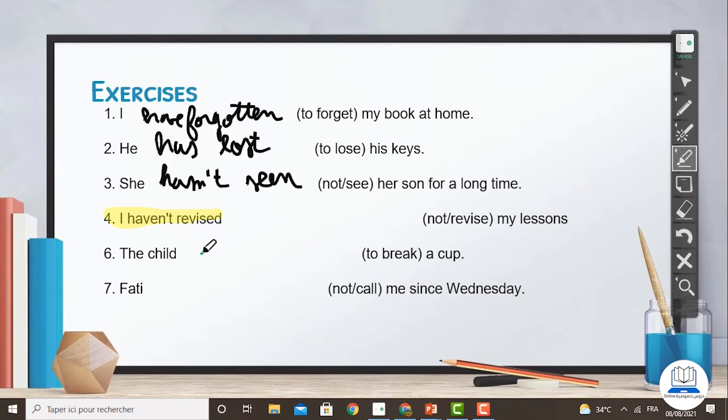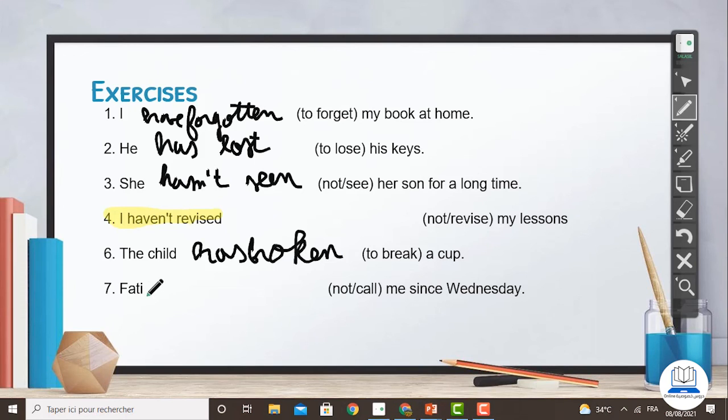The child, he, so has. The verb to break, and the past participle of the verb to break is broken. So the child has broken a cup.